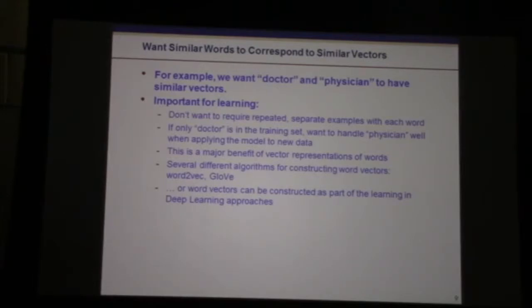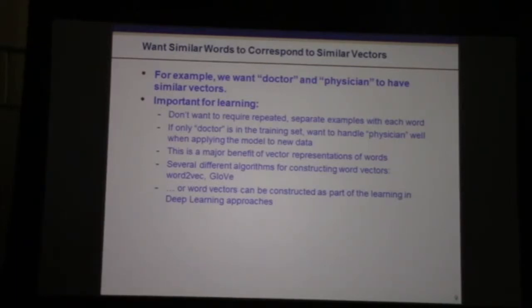For example, we want doctor and physician to have similar vectors. The reason is that suppose our training data only uses the word doctor, and now we want to apply it, and we run into a document that uses the term physician. Out of the box, we've never seen physician before, so we're lost, and we can't do anything with that vector. We just throw it away or treat it as zeros.